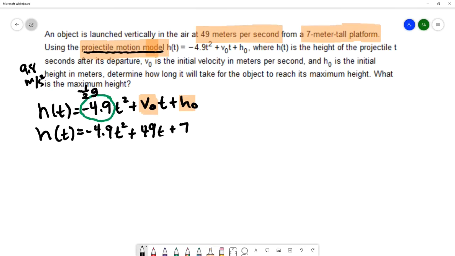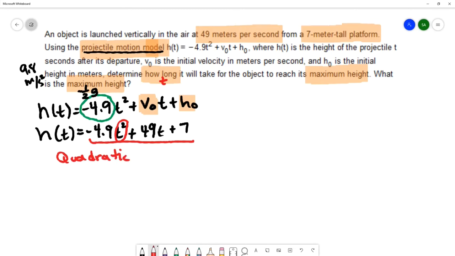Okay, so continuing on, the question is asking for the time that it takes for this object to reach its maximum height, and what is that maximum height. In this example, the model that is given to us is a quadratic function. We know some information about quadratic functions.